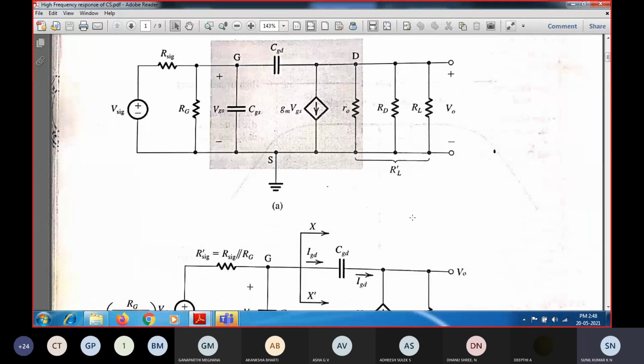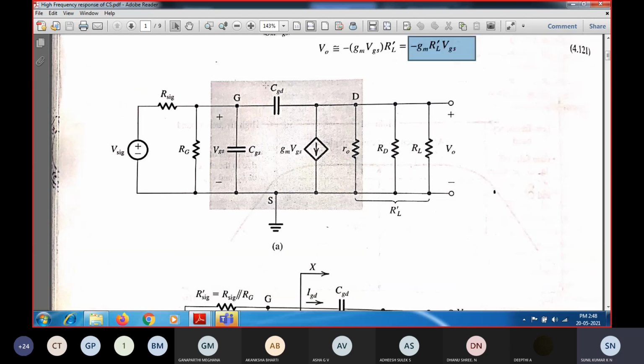Now if we look at the gate capacitances CGS as well as CGD, CGS is nothing but the gate to source capacitance, which is connected across the input side, between gate and source.